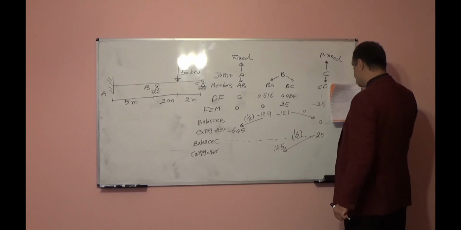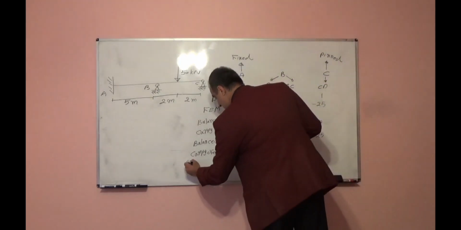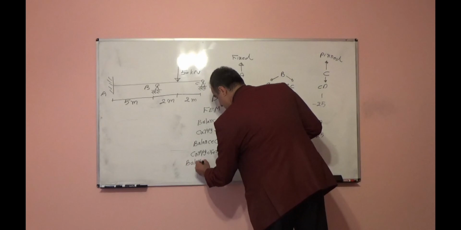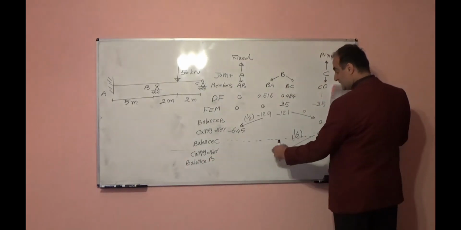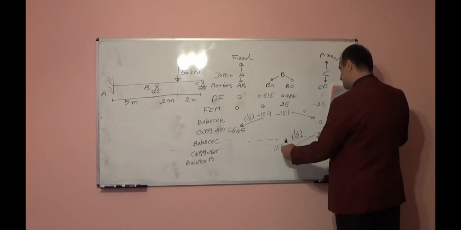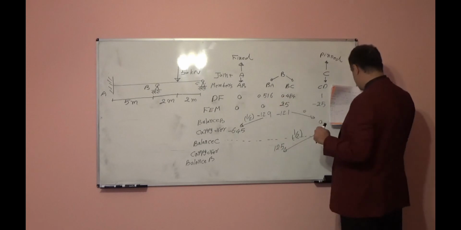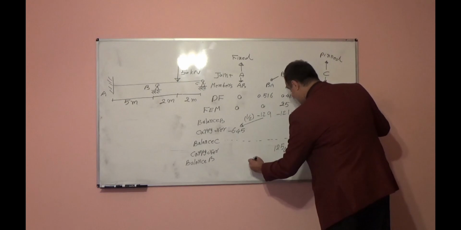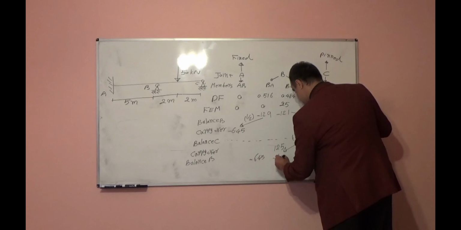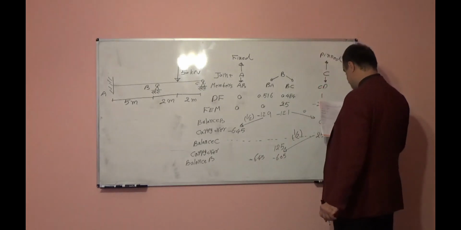After that, we will balance again joint B. Now, 12.5, we will make reverse, it will be negative 12.5. We will multiply by the distribution factor. So here we will have negative 6.45, here negative 6.05. Again, carryover factor.